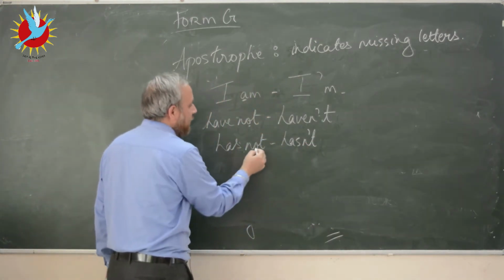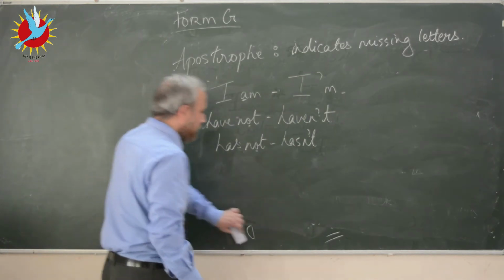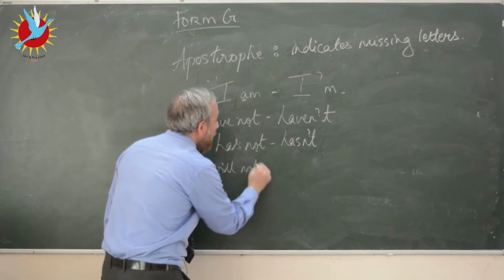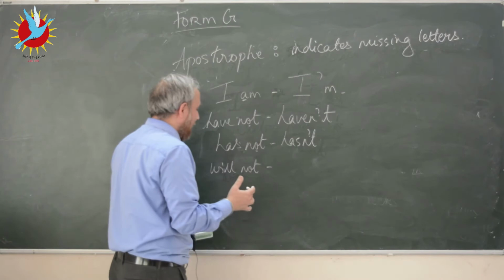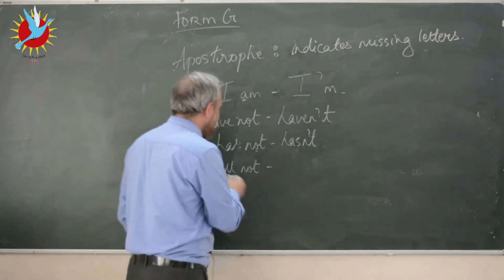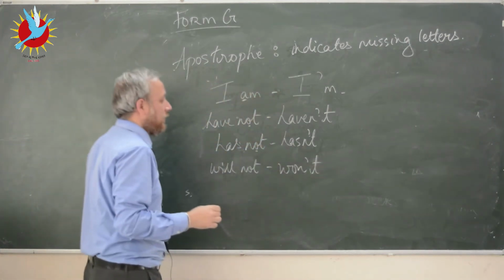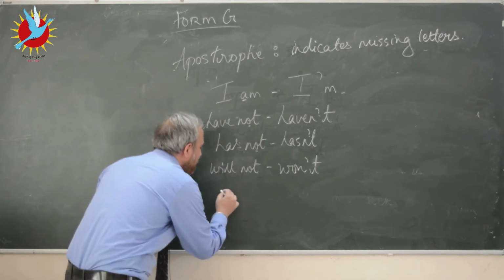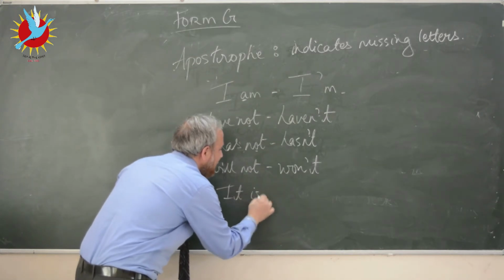So again, in place of the letter O, I've used the apostrophe. Or let's say will not, remember, is a bit different. You will not contract it to make it willn't. There is no word called willn't in the English language. Will not becomes won't.